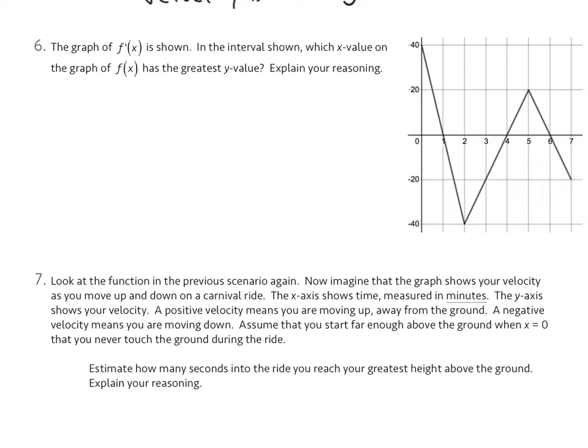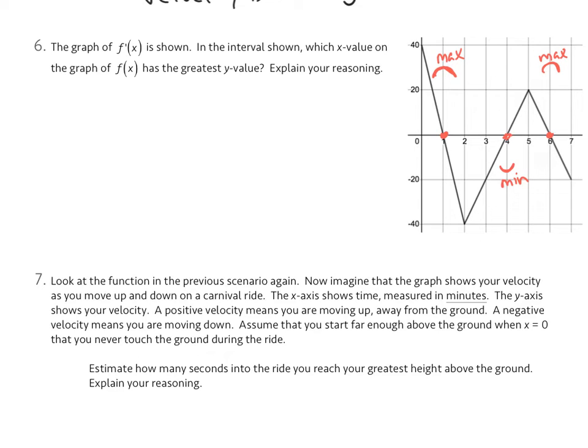Let's look for a moment at the points where the derivative is 0. Right here, right here, right here. When the derivative changes from positive to negative, that represents a relative max in the original function. When the derivative changes from negative to positive, there's a relative minimum. And then at x equals 6, there would also be a relative max because the slope changes from positive to negative.